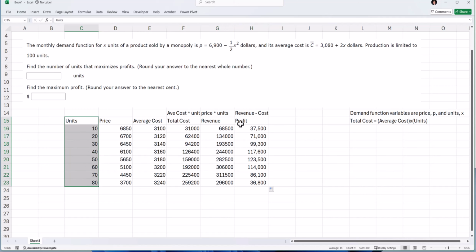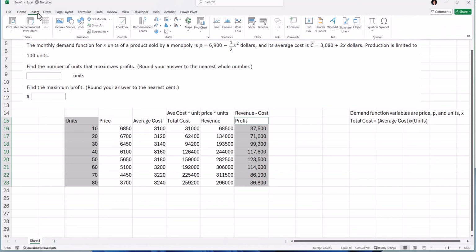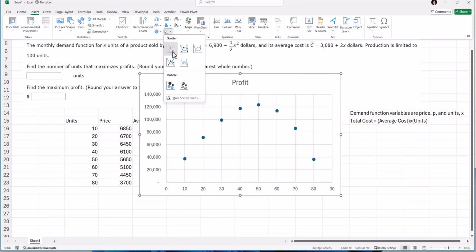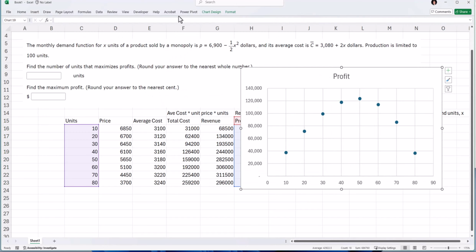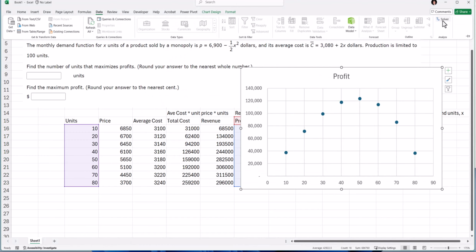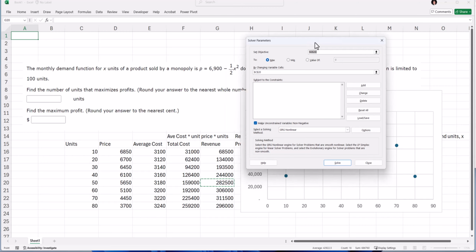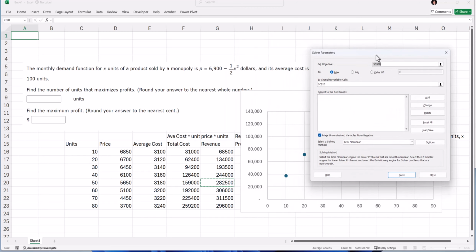I could graph it. I only want the units and the profit. So let me insert a scatter plot, and pull up the solver. I want to set the objective function, which is the profit here.